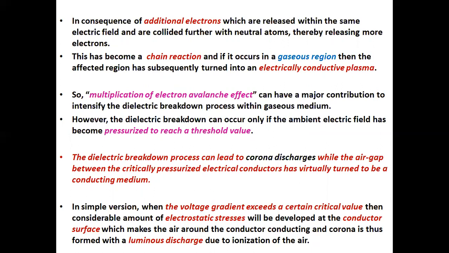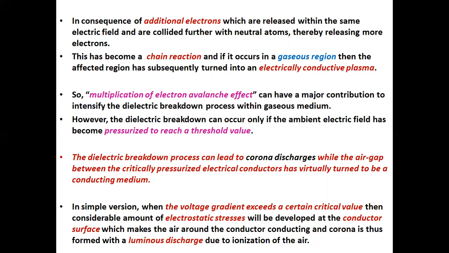So, multiplication of the electron avalanche effect can make a major contribution to intensifying the dielectric breakdown process within a gaseous medium. However, the dielectric breakdown can occur only if the ambient electric field has been stressed to reach a threshold value.